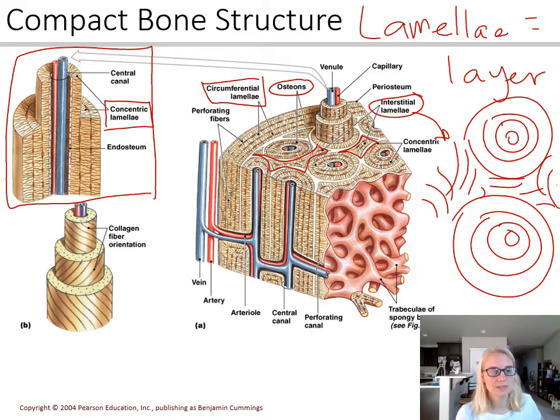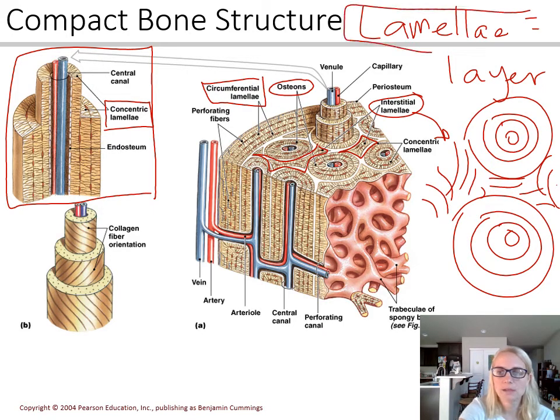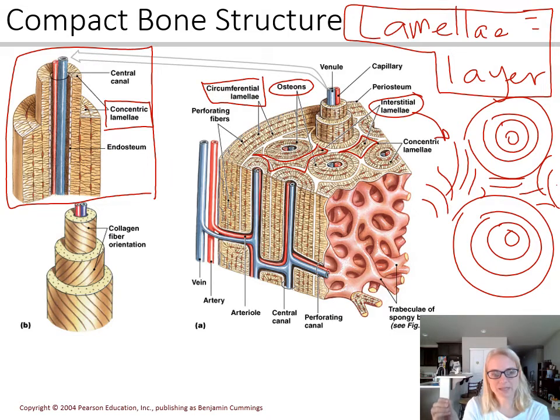We have a model just like this in lab that you'll get your chance to get hands on and see in person. So those are three types of lamellae. And remember, lamellae just means layers. Okay, so lamellae are layers. And the layers, they're layers of what? They're layers of matrix. So it is that collagen fiber, calcium salts matrix that are formed in these layers, right?